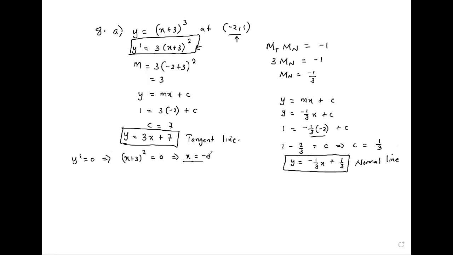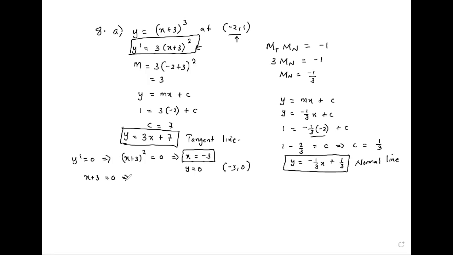So this is the only turning value that we have for x. From the function, we go back there and we get that y is equal to 0. So the turning point is (-3, 0). Then now we get the x intercepts. So we have x plus 3 is equal to 0.